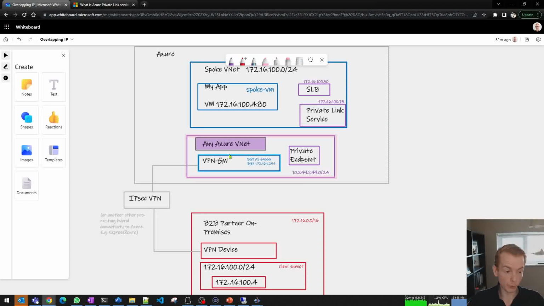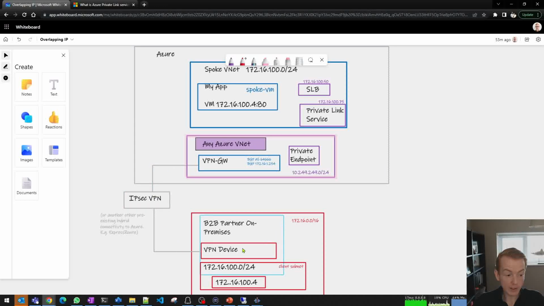The next part of the puzzle is, how do you get to that private link service? You need to get to it from a private endpoint. And the cool thing with this solution is this private endpoint can live in any VNet anywhere, owned by anybody on Azure. So this purple box here could be your VNet, as in the blue provider-side VNet, if you wanted it to be, and you could still set up that IPsec VPN to your third party.